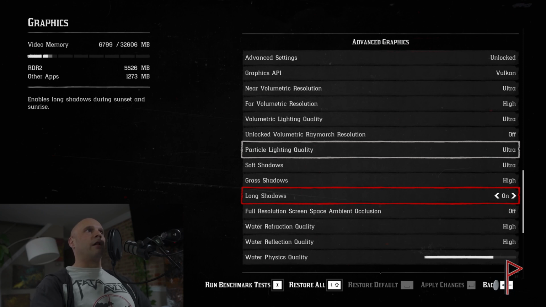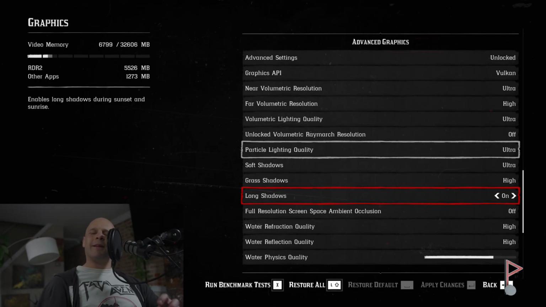Okay, unlocked volumetric ray march resolution. In a way, it's a little bit like SSAO in that it uses rays in a sense. Okay, but it's very different. But in that sense, it's kind of similar. This directly affects the resolution at which volumetric effects are rendered.